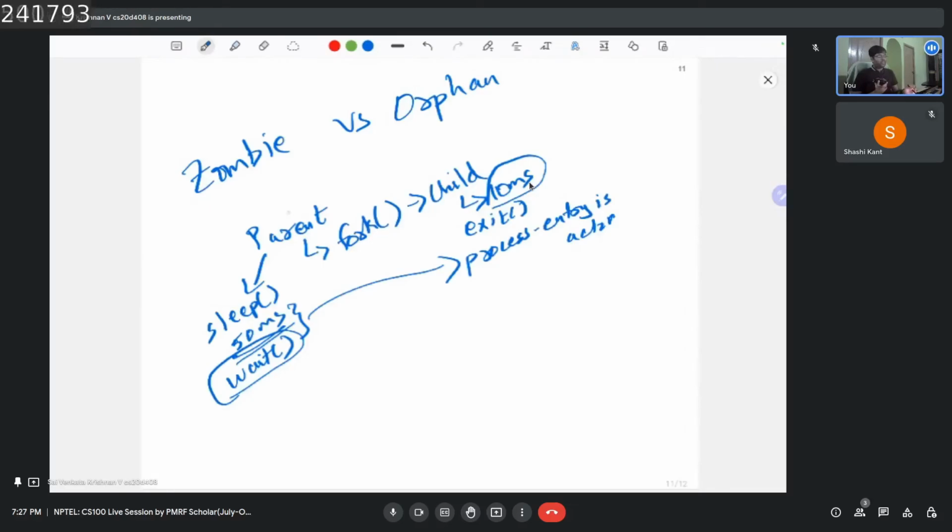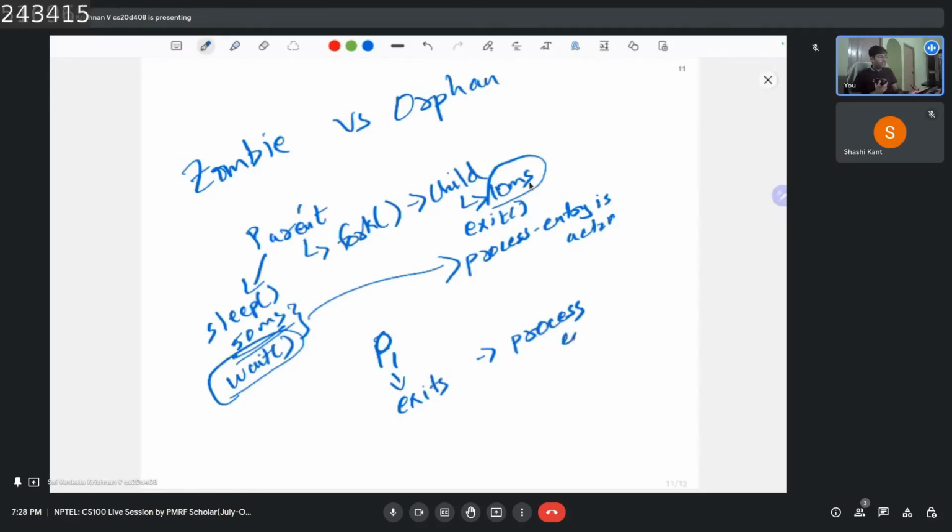Say you don't have a parent at all. Without a parent also, say one process P1 is executing, and when it exits, immediately that process entry won't be deleted.